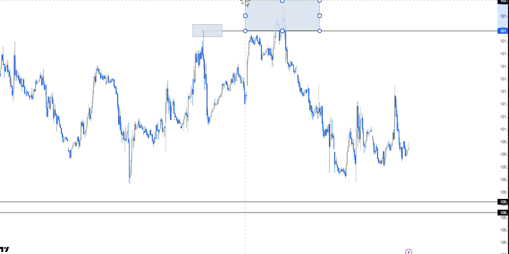When DXY is moving from here to here, DXY will be selling, then USD will be weak. After reaching this point, we will be buying DXY from here up to here. This means that from here to here USD will also be strong. I think you get me.